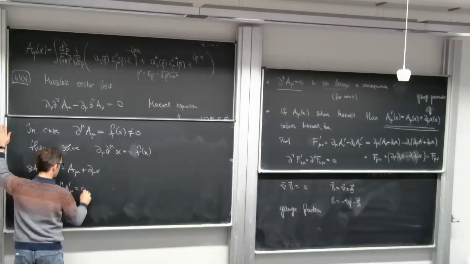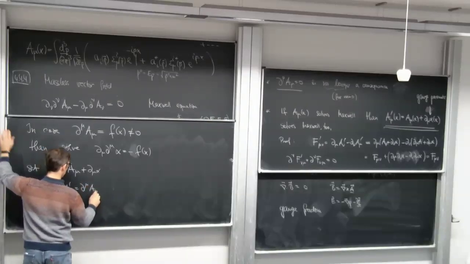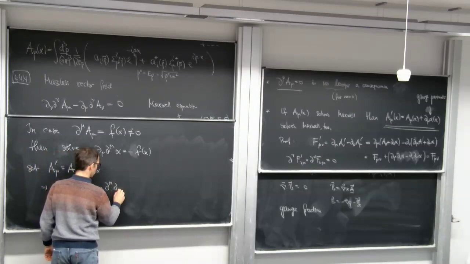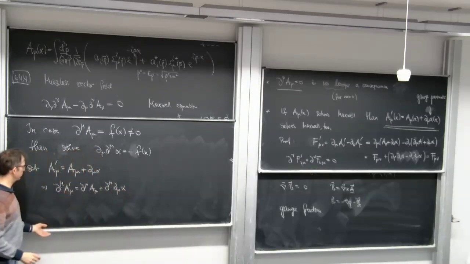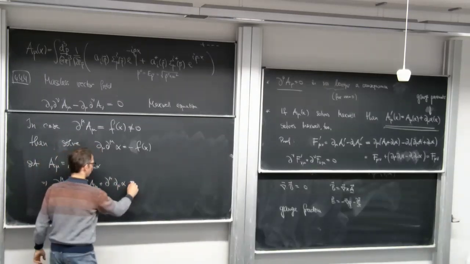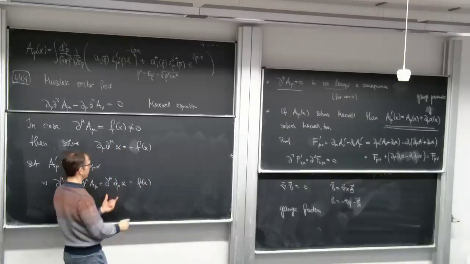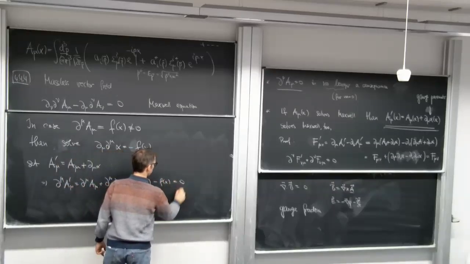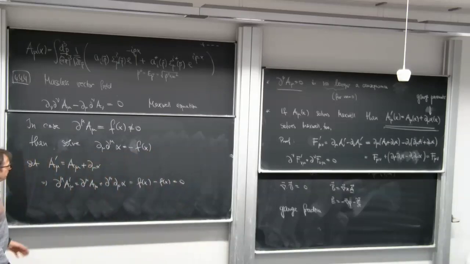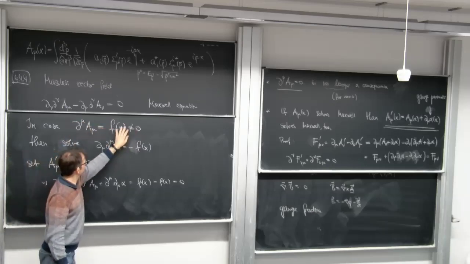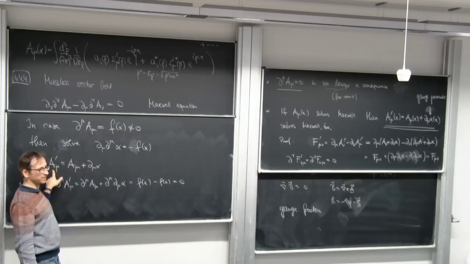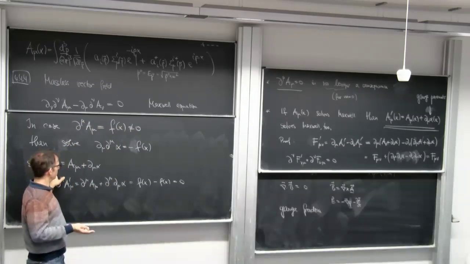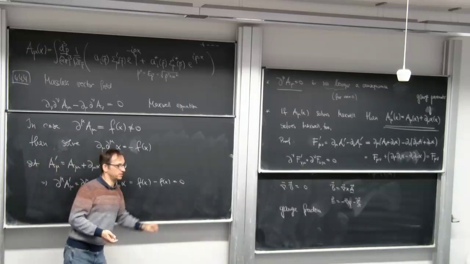A mu prime is D mu A mu plus D mu D mu alpha, just by plugging it in. This was F, and this we have designed to be minus F, so it's 0. So whenever you have a gauge field, now I've started to call it a gauge field, the vector field, whose divergence isn't 0, you can move to an equivalent one whose divergence is 0.